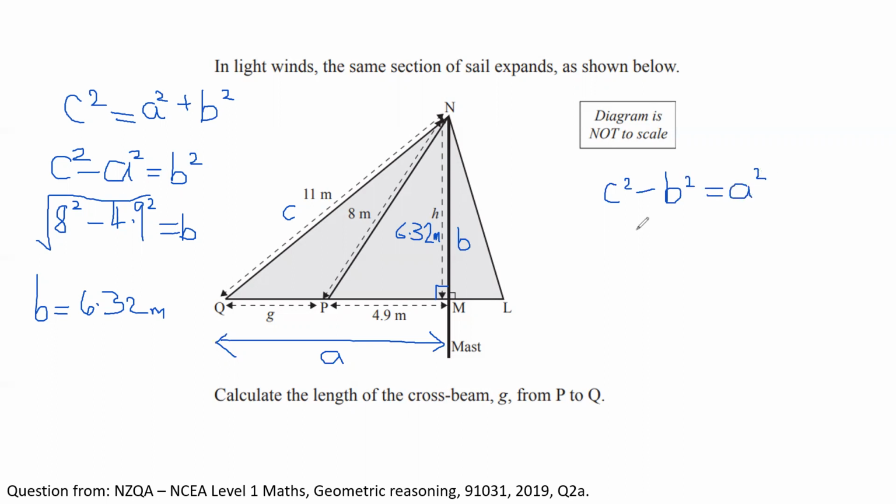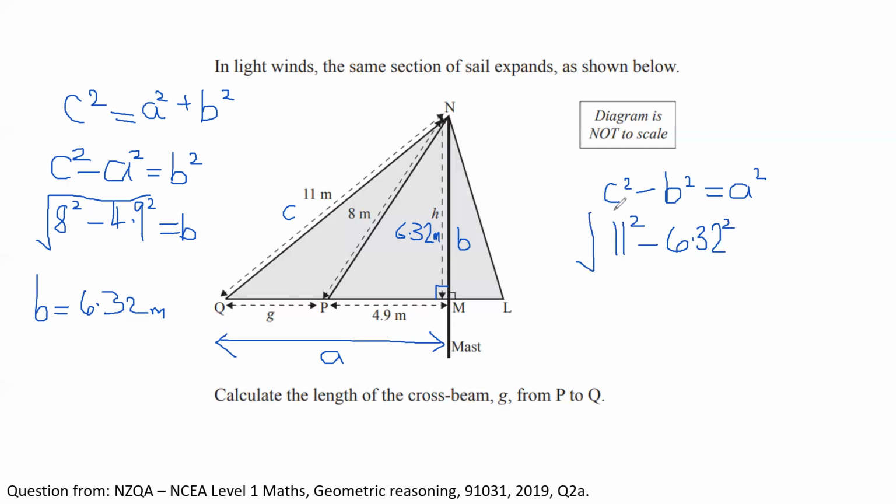So if we start substituting in some of these values, we know that C is now 11 because we're now using the big triangle. So we've used a small triangle to work out what the height is. Both of them share the same height. So now we can use the larger triangle values. So this will be 11 squared minus B squared, which is 6.32 squared.